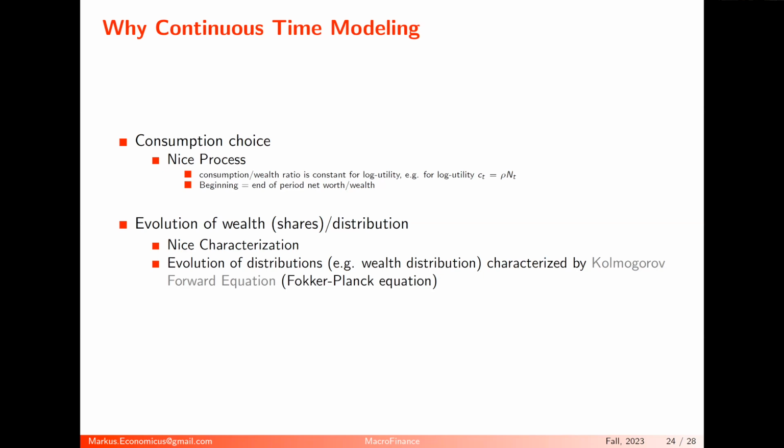So you have a better understanding of how different groups' wealth dynamics move over time. For the evolution of this distribution, you will have some Kolmogorov forward equation, Fokker-Planck equation, and that gives you a much nicer characterization of how the wealth across different groups in the economy moves over time.